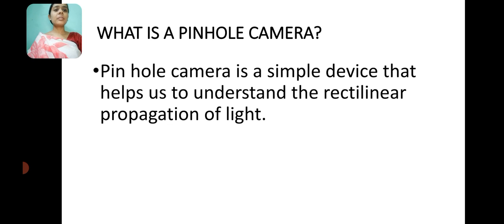A pinhole camera is a simple device that helps us to understand the rectilinear propagation of light. Rectilinear propagation is one of the most important properties of light, and it tells us that light travels in a straight line and cannot bend its path by itself. Did you understand? I hope you're clear with what I taught so far.